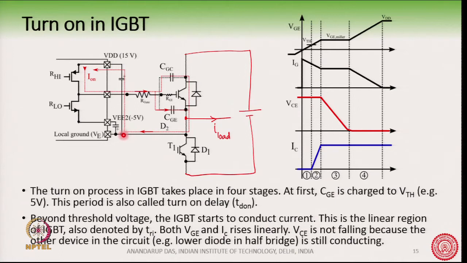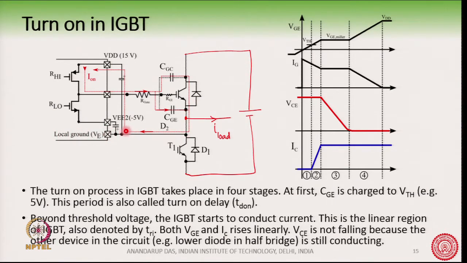This point here is what we say is a local ground. This is basically connected to the midpoint, or to the emitter of this IGBT. So, this is a local ground, completely isolated from the controller ground. We assume that this point's potential is 0.